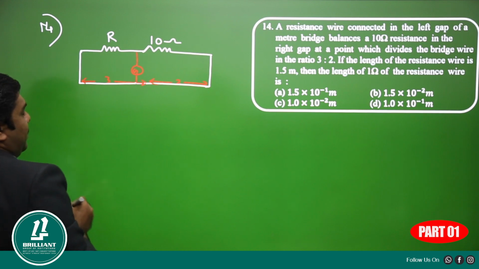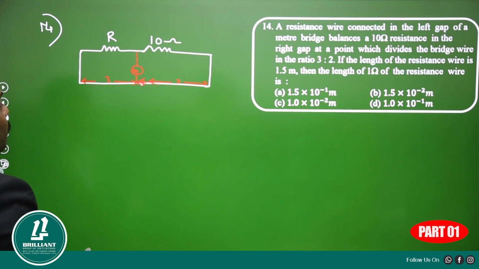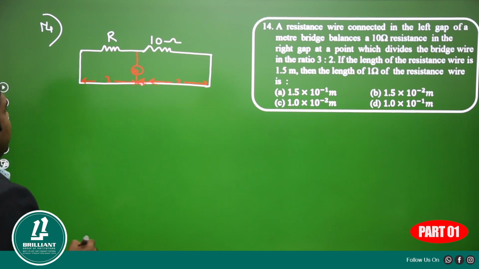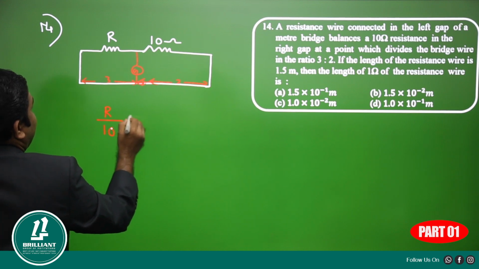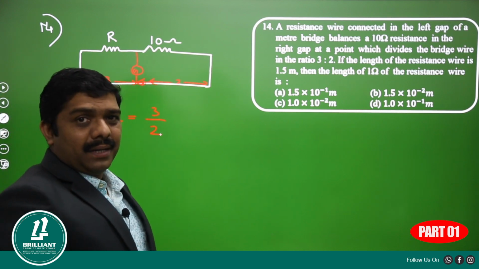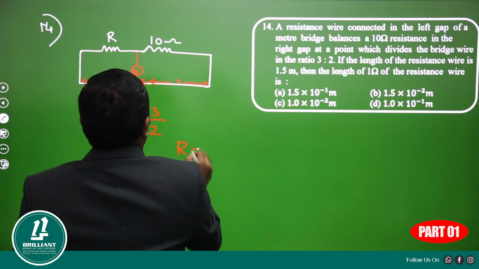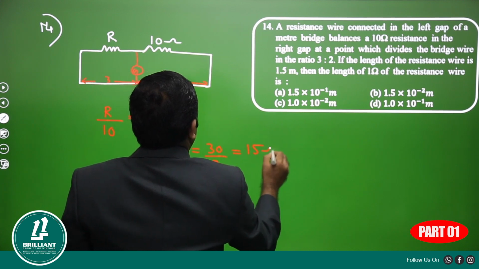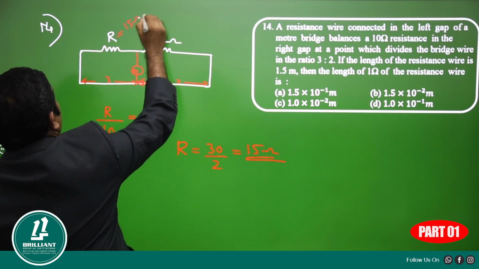The bridge is balanced, with this much being 3 and this much being 2. Now the meter bridge concept is P by Q equals R by S. So R by 10 is equal to 3 by 2. So R is equal to 30 divided by 2, equal to 15 ohm. So the unknown resistance here is 15 ohm.